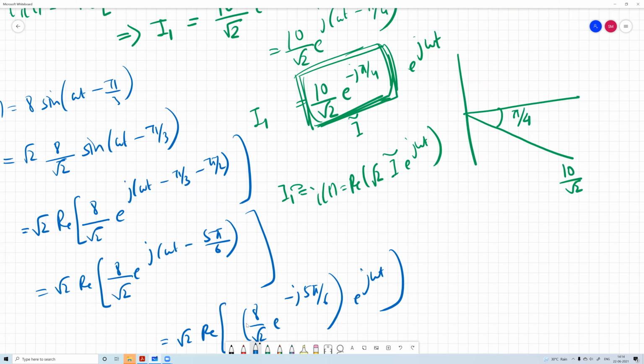This is 8 root 2 magnitude, and this angle would be 5 pi by 6.